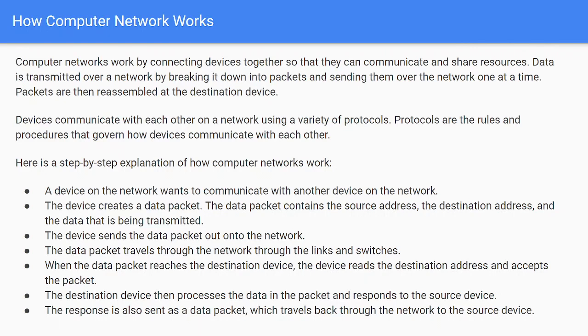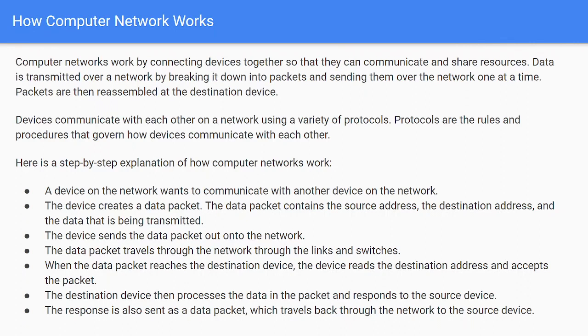The data is transmitted over a network by breaking it down into packets and sending them over the network one at a time. And the packets are reassembled at the destination. So let's break it down.